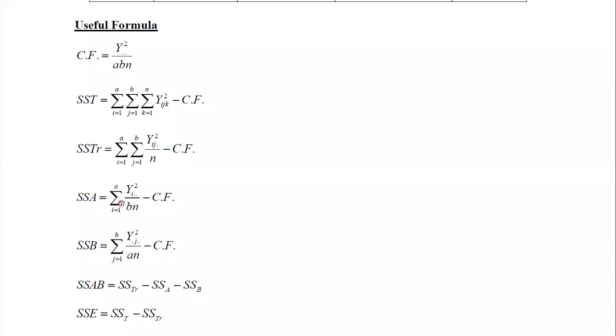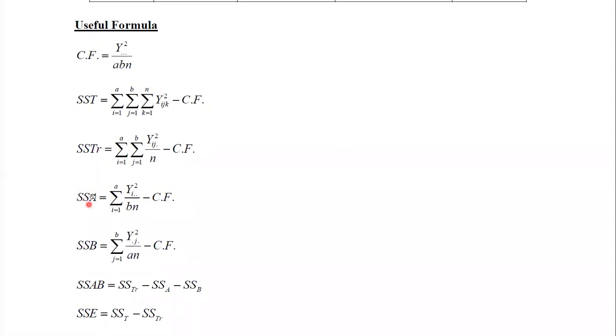Here this says that first we have to take the ith row total, if A is the row factor. Or we can take it as the column factor, since we have used it that way in the example also.